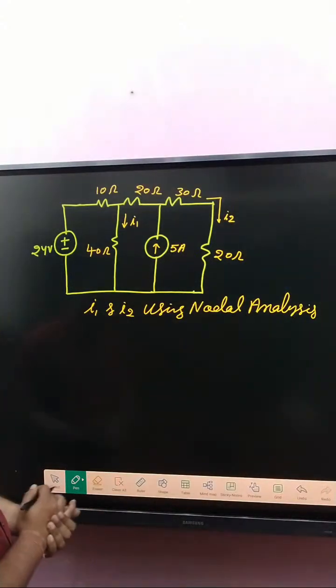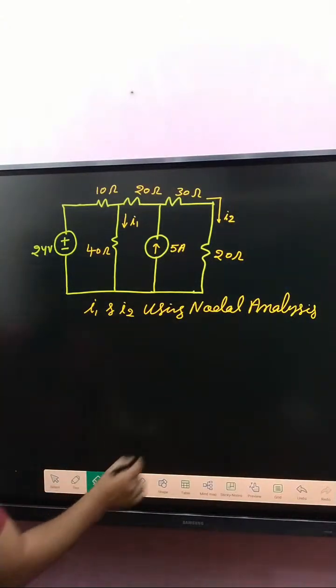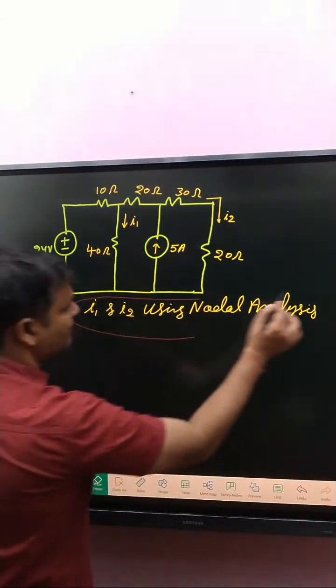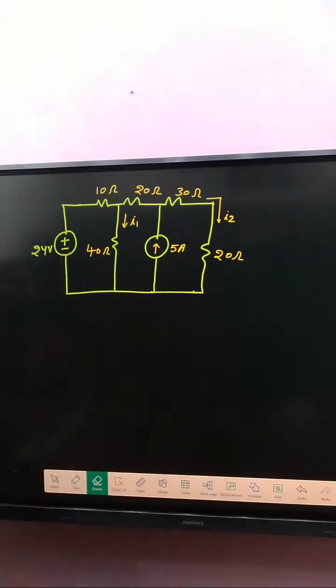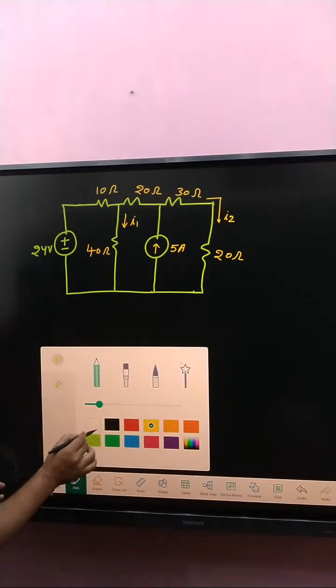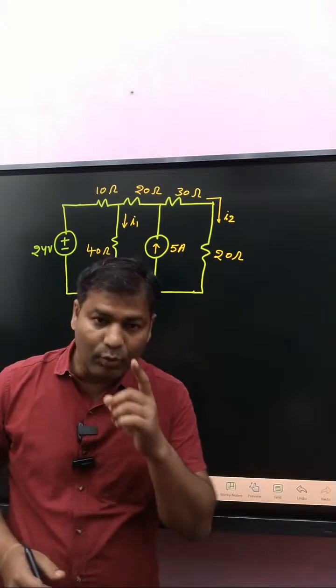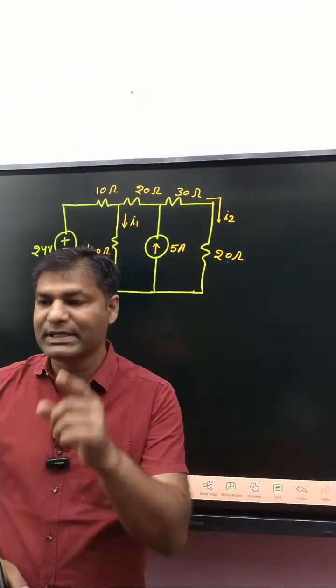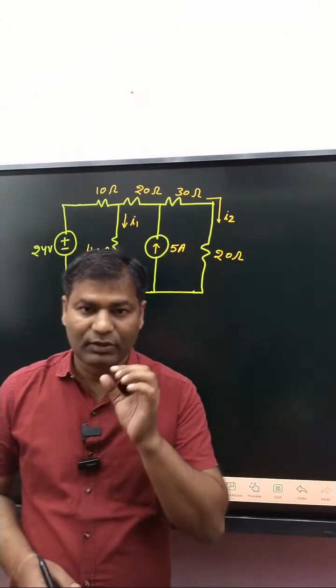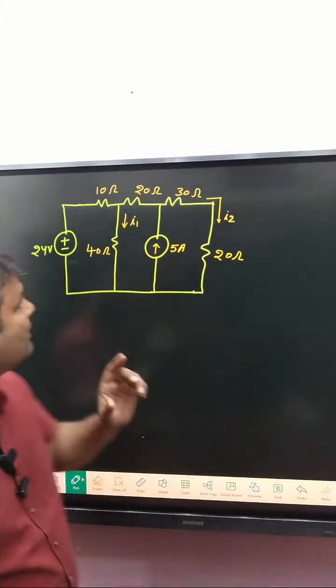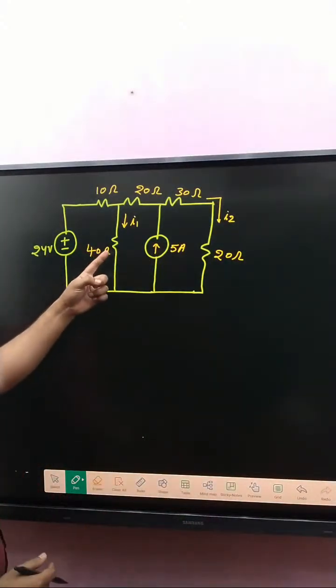Now, how can we do it? First of all, it is clear what our motto is: determine I1 and I2. So what does nodal analysis say? The first step is to decide the branch currents.